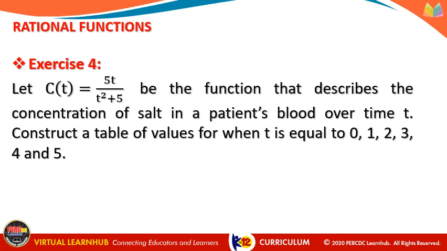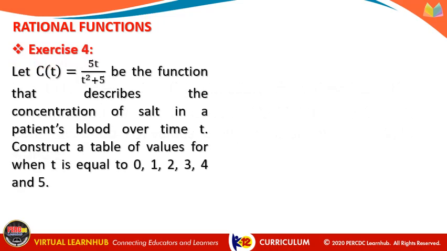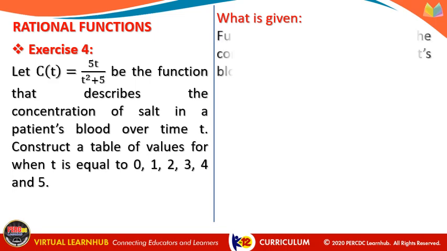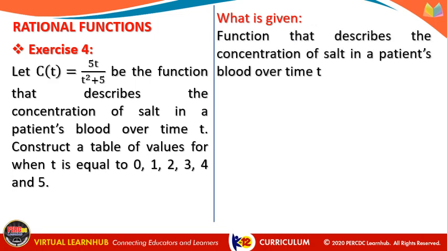Let C of t be 5t over t squared plus 5 be the function that describes the concentration of salt in a patient's blood over time t. Construct a table of values for when t is equal to 0, 1, 2, 3, 4, and 5. What is given? Binigyan tayo ng function that tells us, once again, the concentration.